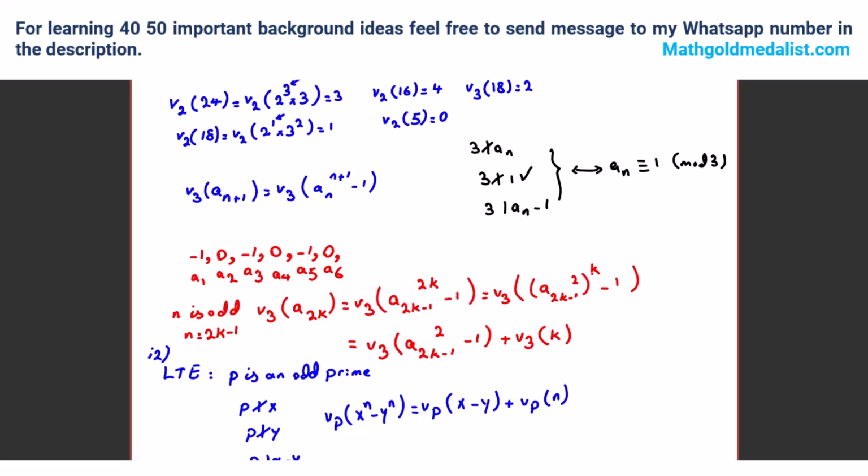Now, because we had k in the problem, let's use another variable, for example, r. So 2r minus 1 to the 2r, 2r minus 1 squared to the r, 2r minus 1 squared, plus v3 of r.